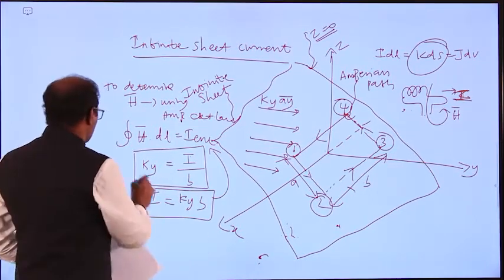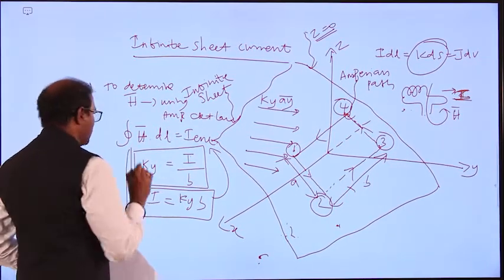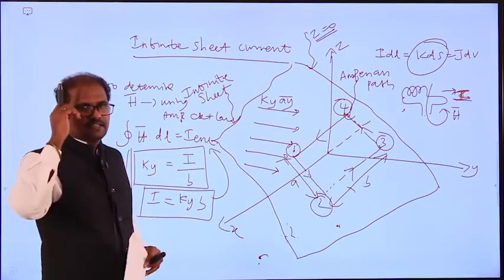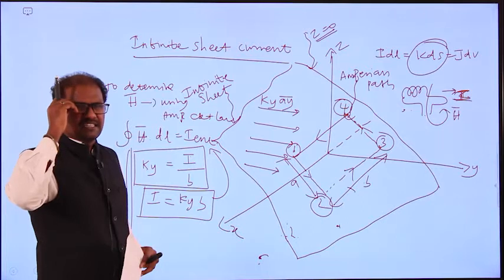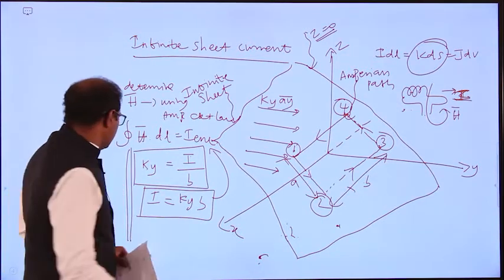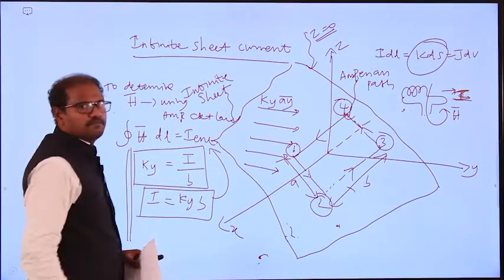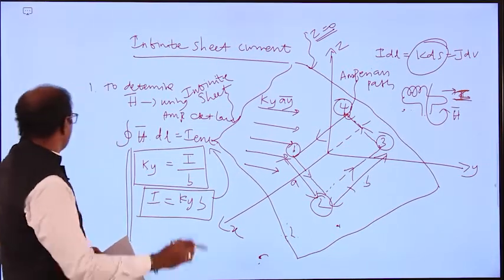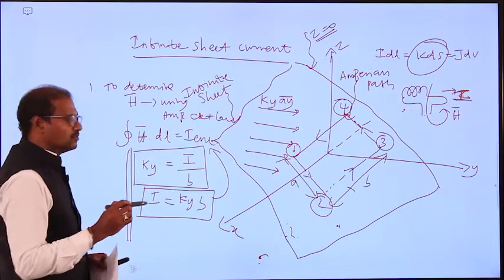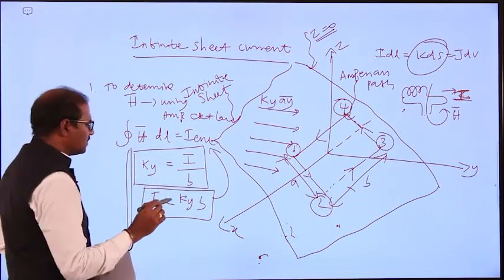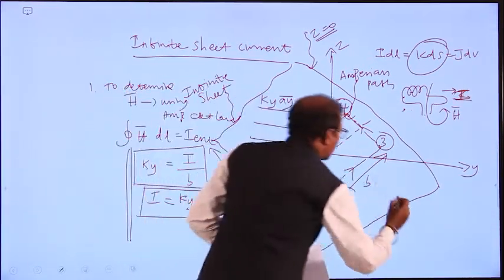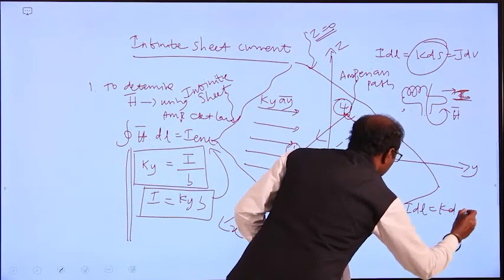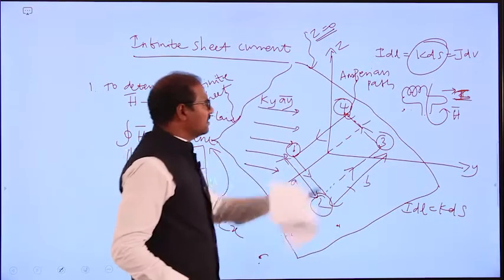Another phenomenon we can take, another way we can determine. In different terminology, with different assumptions, we can get this value I is equal to KyB. Normally I am going to use one more technique. What's the technique I am going to use? Normally the basic thing we can go for is I = ∫K·dS.